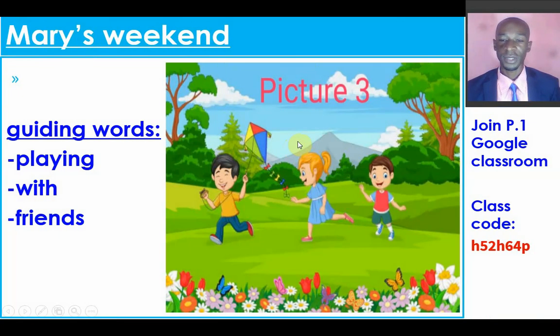After eating food, in picture 3, we see, according to the guiding words, playing with friends. This means Mary is playing with her friends after eating food, and you can see they are in the garden or in the compound.